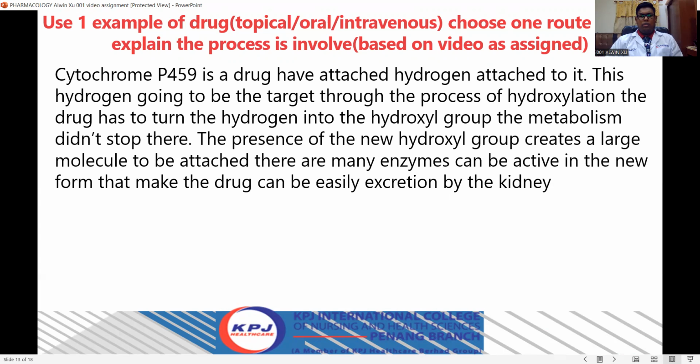The drug has to turn the hydrogen into a hydroxyl group. The metabolism doesn't stop there. The presence of the new hydroxyl group allows a large molecule to be attached there. Many enzymes can be active on the new form, which makes the drug easier to excrete by the kidney.